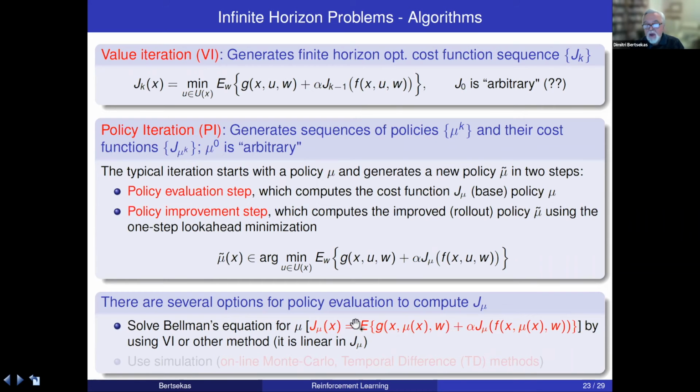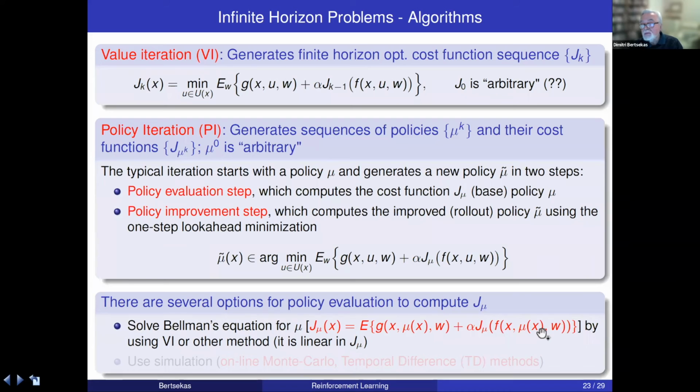The min Bellman equation involves a minimization here, which makes it complicated and non-linear. You can see that this equation is actually linear. If you double J mu, you're going to double the overall expression. The expectation is a linear operation, and so this equation is linear.